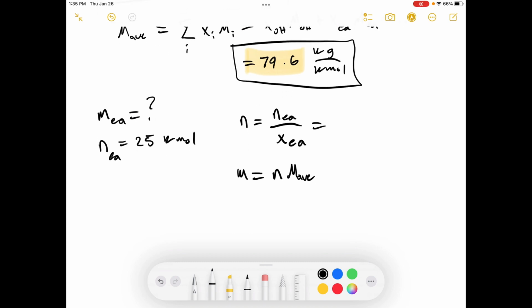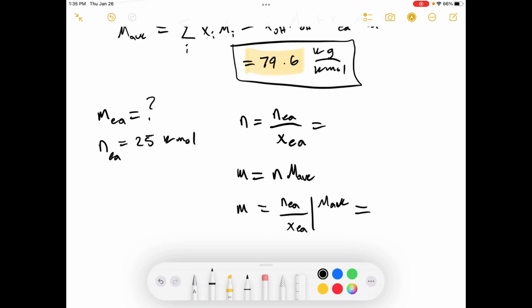We can just combine these and say M equals n_EA over X_EA times the average molecular weight. I just substituted that equation in there.